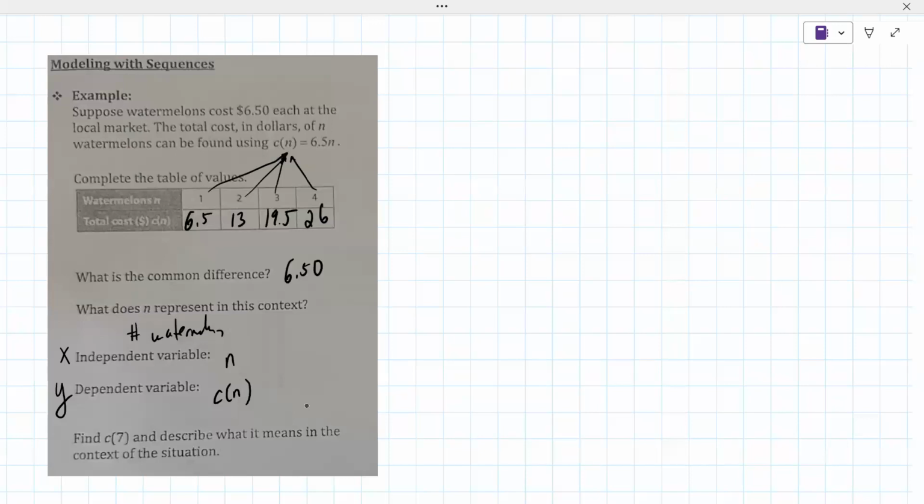6.5 times 7. Then for every 7 watermelons, it costs 45.50.